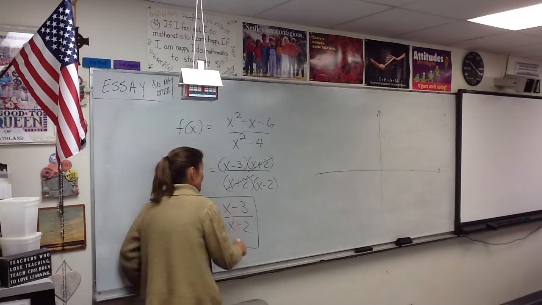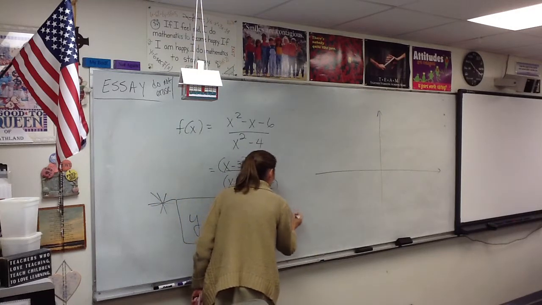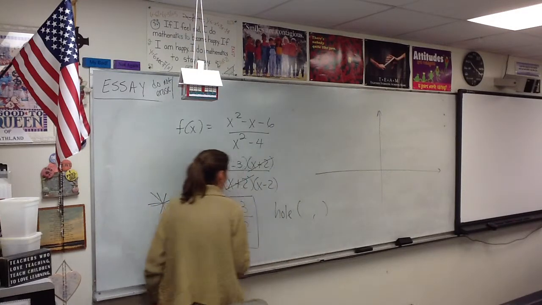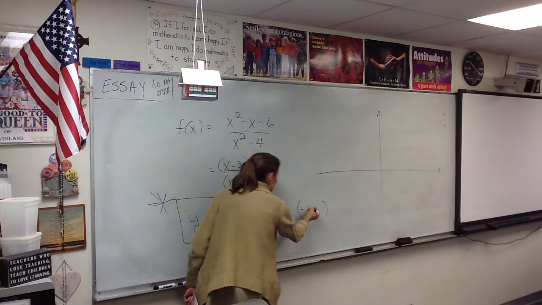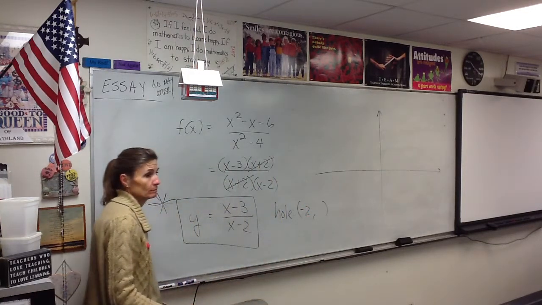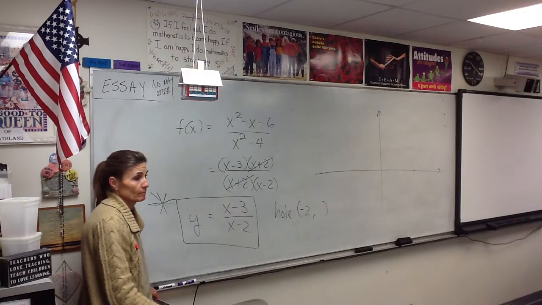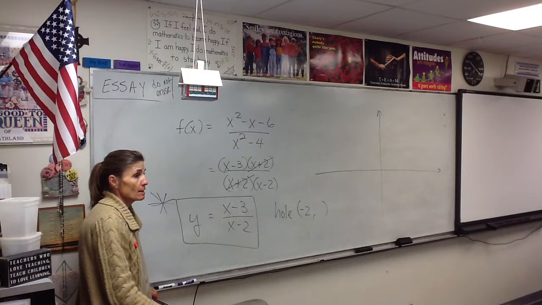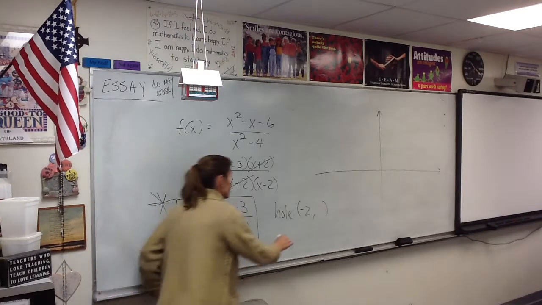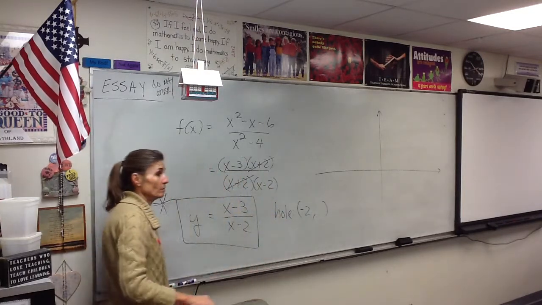Before you get into that, though, let's go ahead and graph our hole. Our hole will happen where x is -2. Are you following along? How do I figure out the other half of the hole?